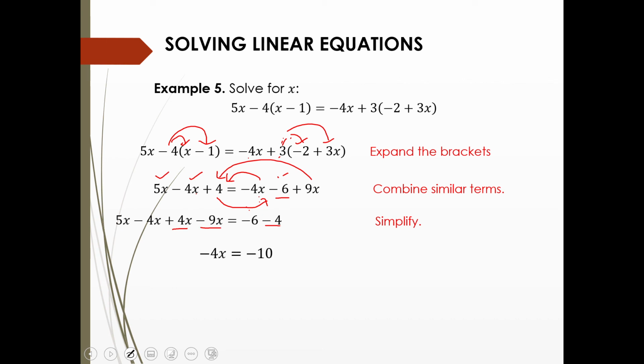And then we want to find the value of x. So we have to divide both sides by minus 4. So we will divide here by minus 4, here by minus 4. So minus 4 and minus 4 are gone. So x will be, negative over negative is positive, 10 over 4. But remember, if our answer is a fraction and we can still simplify it, then we have to simplify. In this case, the factors of 10 are 5 times 2, and of 4 are 2 times 2, so that means 2 is common.